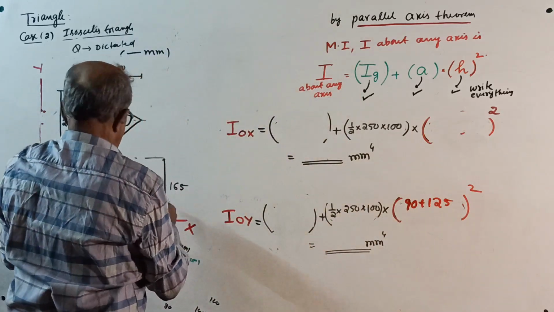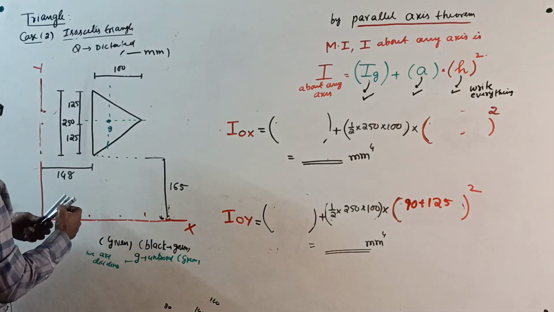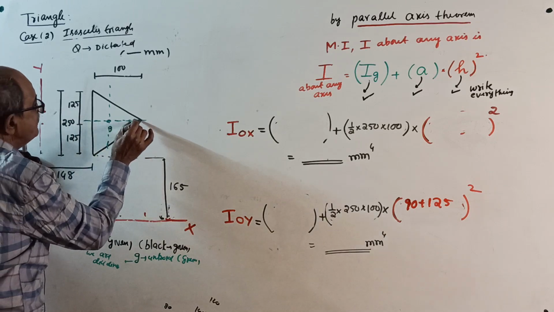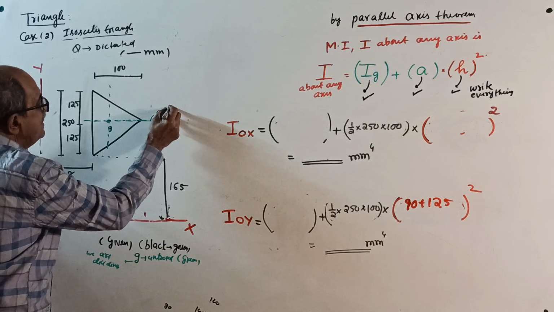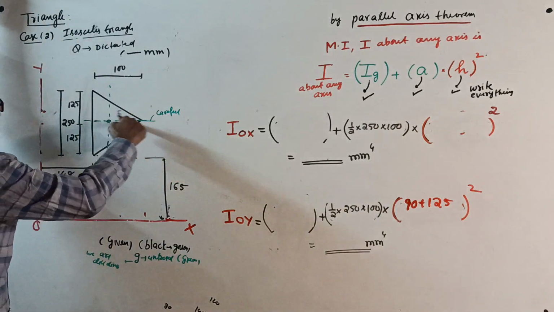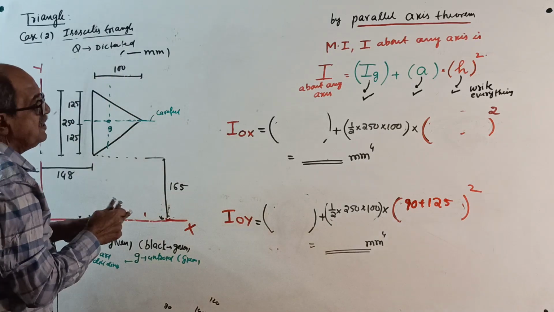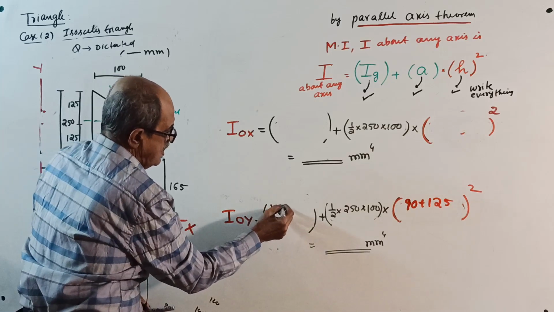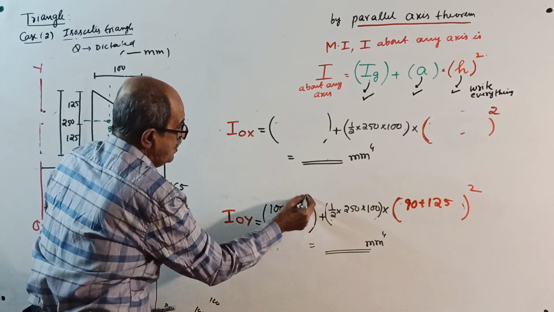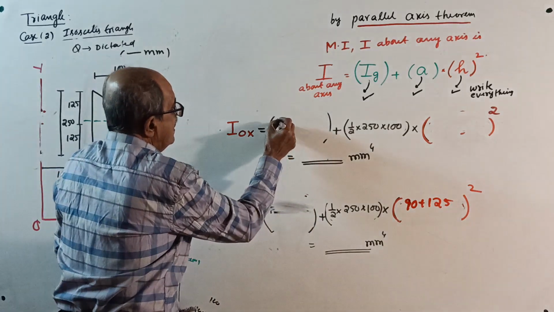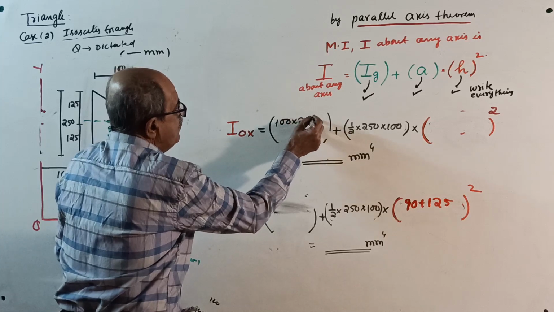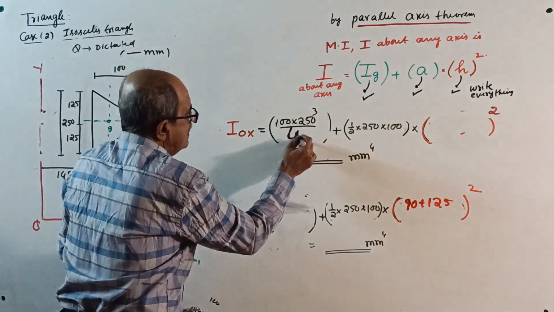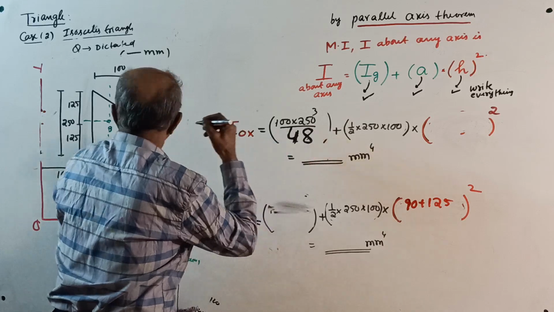Start. First, I about OX axis. See, correctly understand. First about its own axis. Oh, this axis, you should be careful. You should be careful about this axis. How much about this axis? 100 into 250 cube by 48.